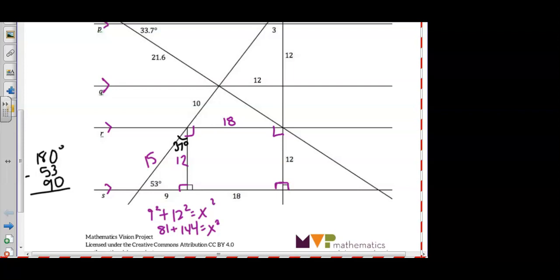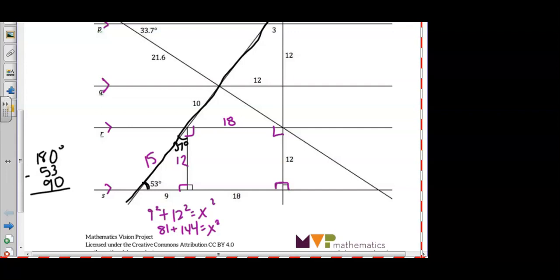Okay, so now let's take a look. We do know that our lines are parallel, so we have two parallel lines and a transversal, which I'm going to outline. If you recall from a previous unit, when we have two parallel lines cut by a transversal, we have congruent alternate interior angles.